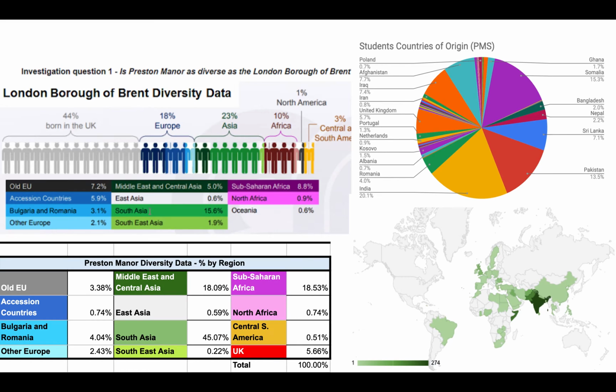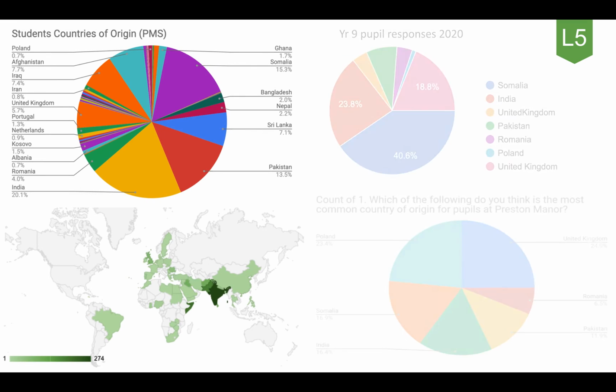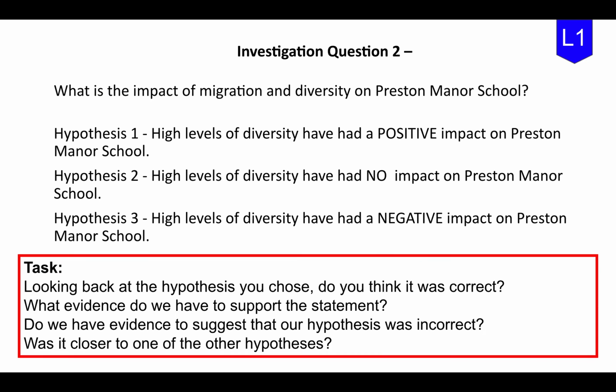Let's look at our second investigation question now then. Our second investigation question was about the impact of migration and diversity on Preston Manor School. Now, this question is very much about perception, okay?